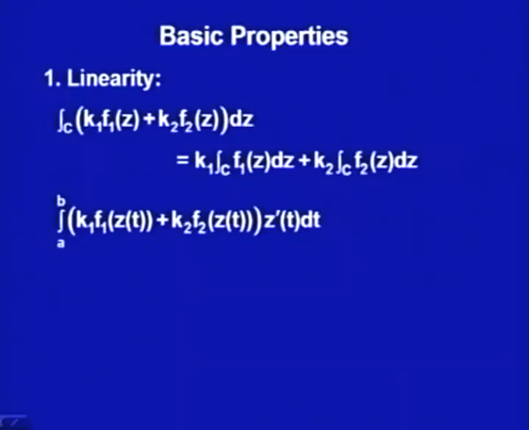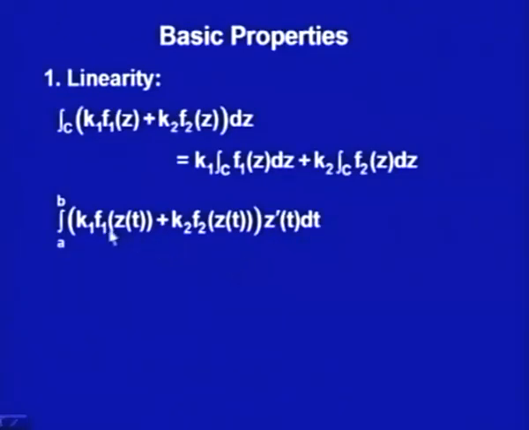If I just go by the definition of the contour integral, with a certain parameter z(t), which says that z is z(t) for t ranging between a and b, we could write it as the integral of k1 f1(z(t)) plus k2 f2(z(t)) times z dash(t) dt.